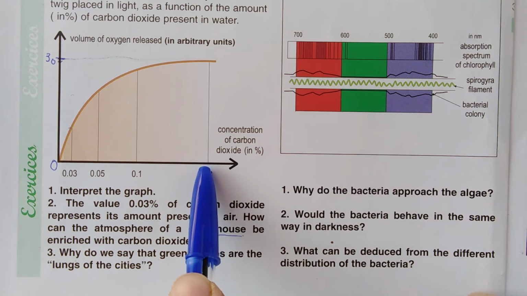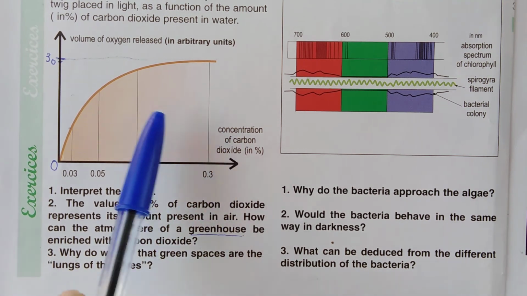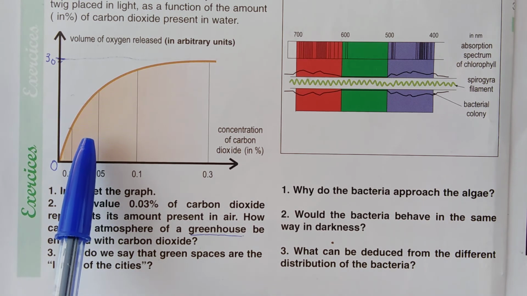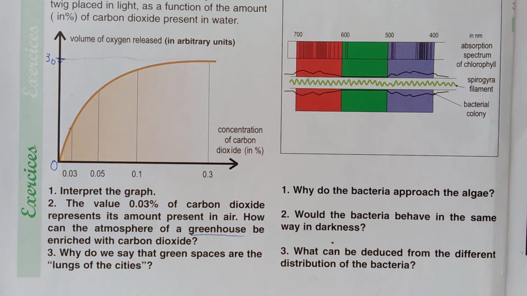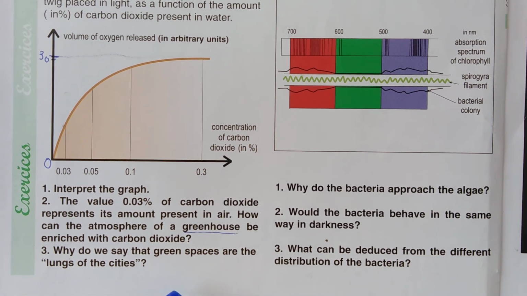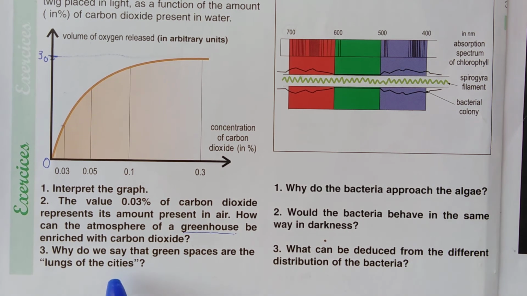So as we enrich the environment of a city with carbon dioxide, green plants will consume it and produce oxygen gas in order to enrich the environment of a city with oxygen gas, and consequently a healthier environment will be for these cities.